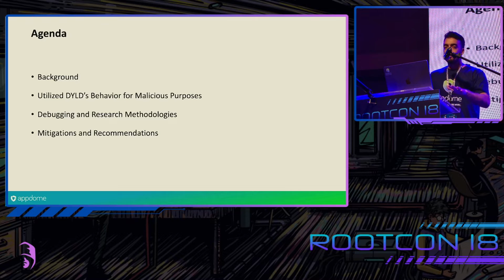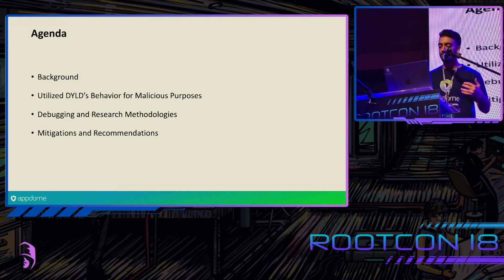So, the goal of this presentation is to start with a short brief about the Mach-O format and dyld, the iOS dynamic linker, and see how malicious actors can use some legitimate functionalities of dyld for offensive concepts.